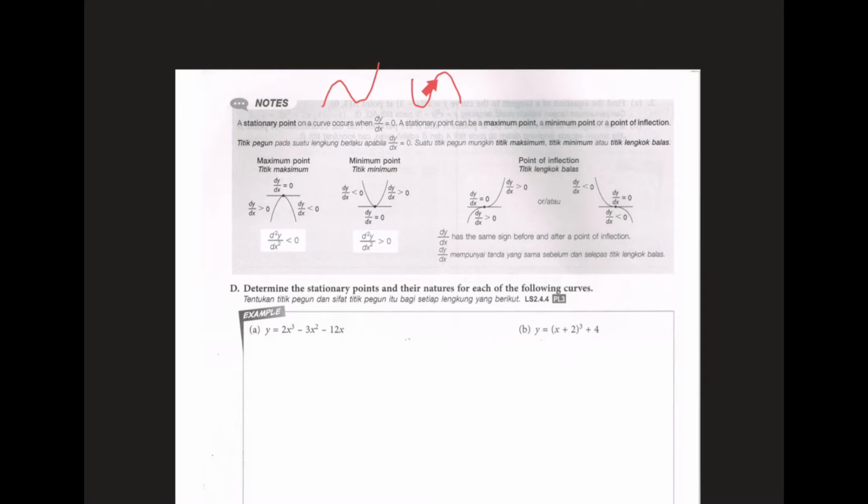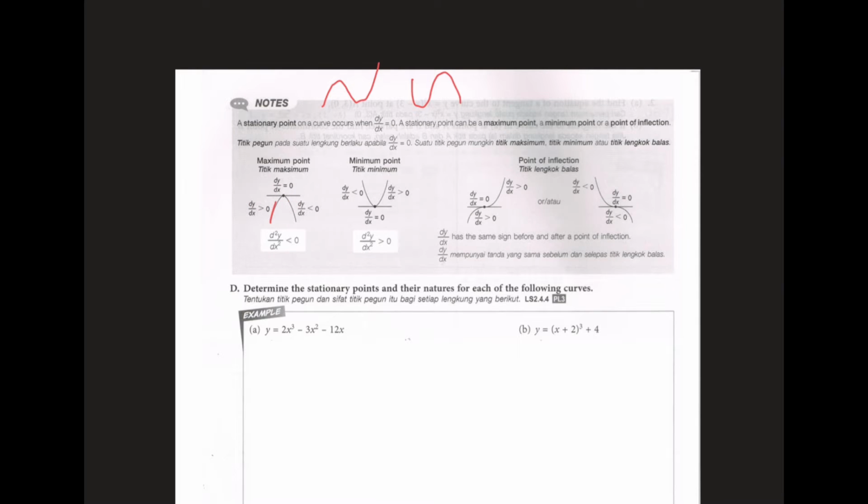So let's move on. Now let's see the maximum first. For a maximum, you can see dy/dx is greater than 0 on the left, as the tangent is going up, so the gradient is positive. At this particular point, the gradient is 0, dy/dx equal to 0.